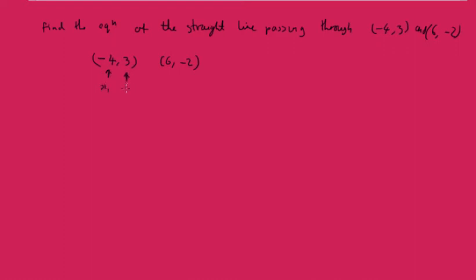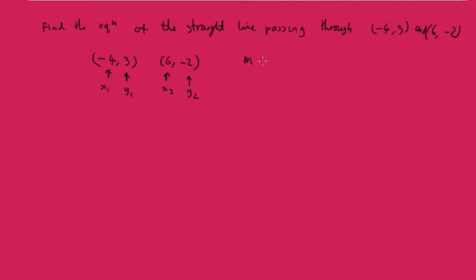Find the equation of the straight line passing through -4, 3 and 6, -2. So we've got these coordinates, and let's assign this to be x1 and this y1, and this to be x2 and this to be y2, just so we don't get ourselves confused.